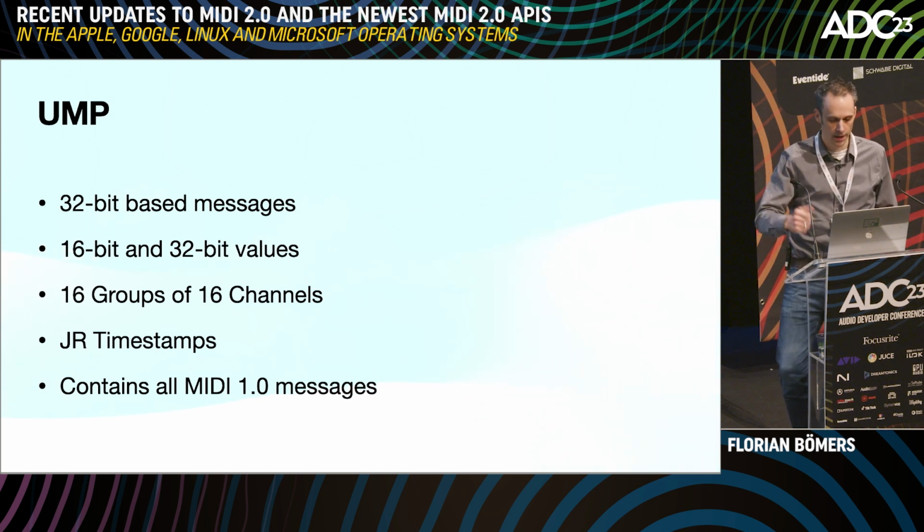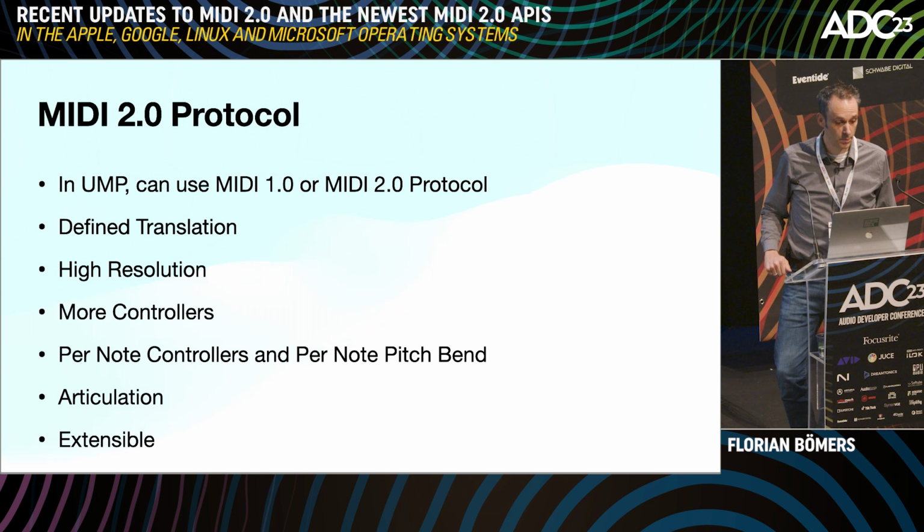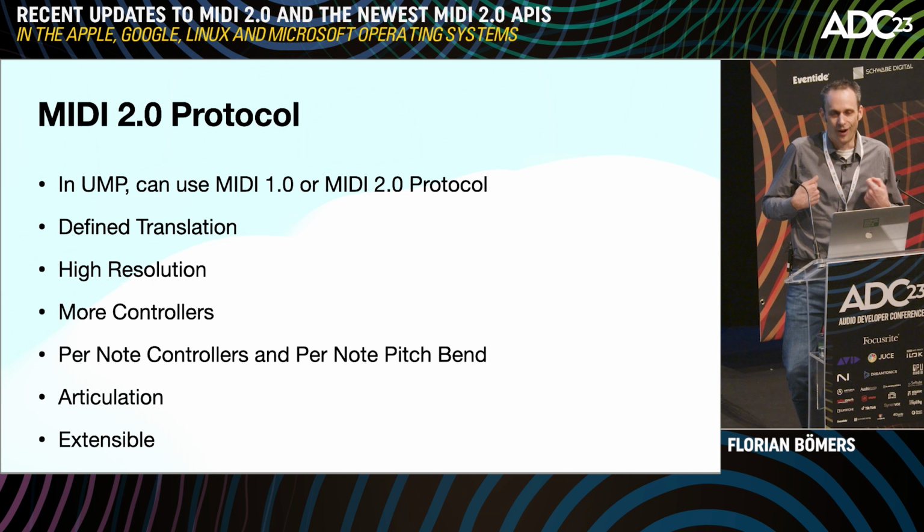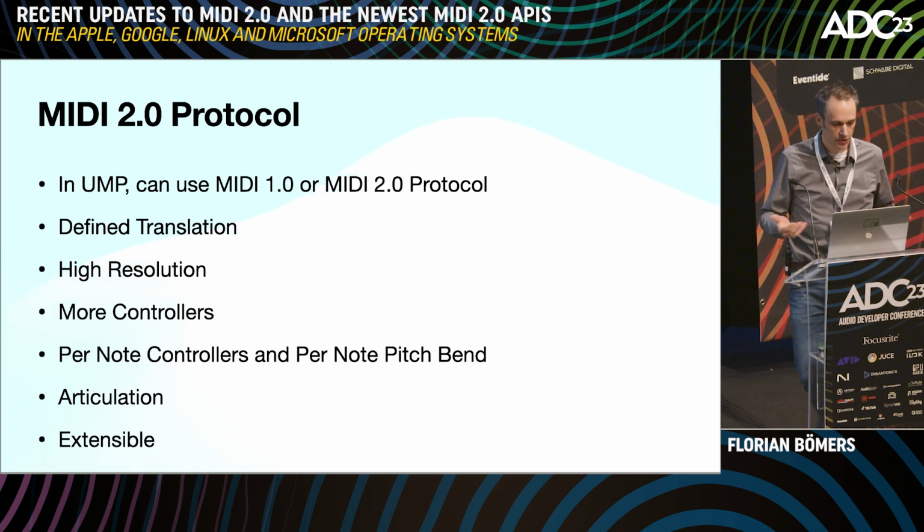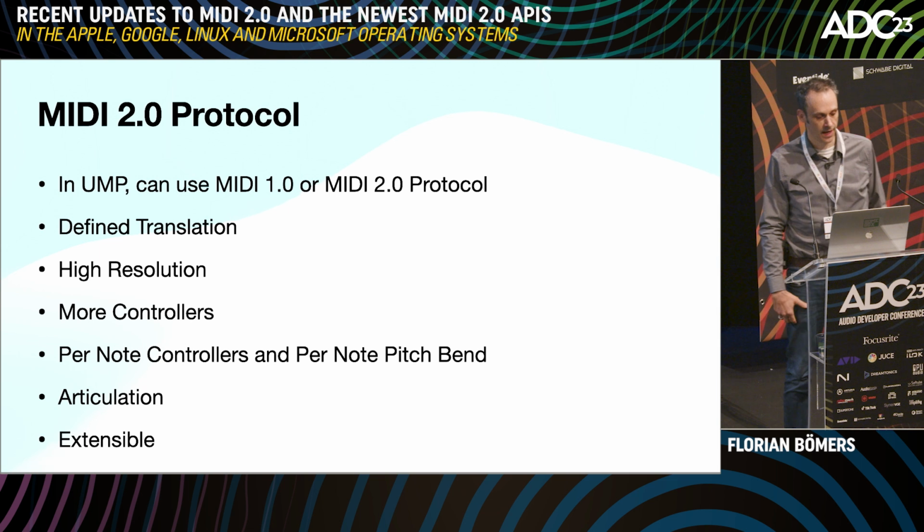And then later on, you can transform your implementation to the MIDI 2.0 protocol, which is all of MIDI 1.0, but with higher resolution. You have more controllers, and there are also new features, for example, per note controllers and per note pitch bend.